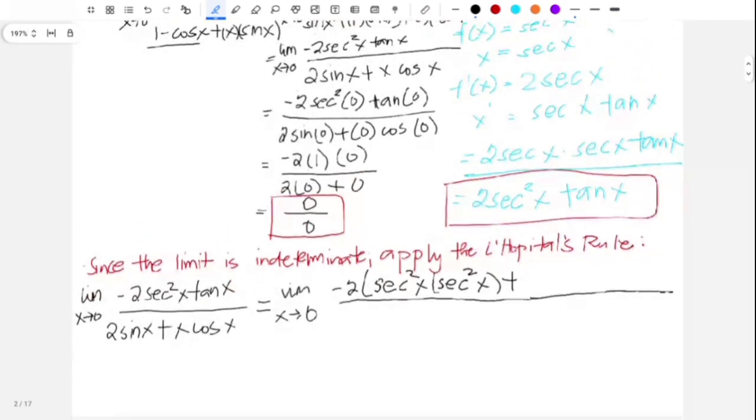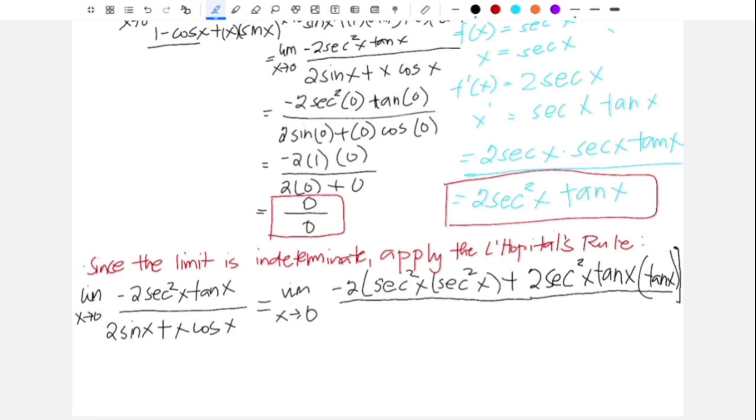Let us copy the derivative of our secant x squared. We have 2 secant x squared tangent x, and our g of x, which is tangent x.